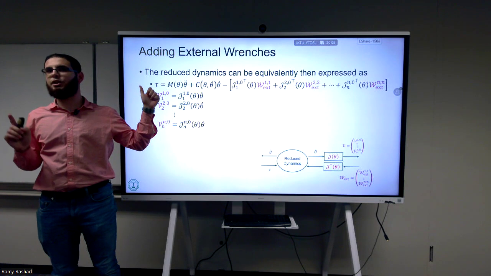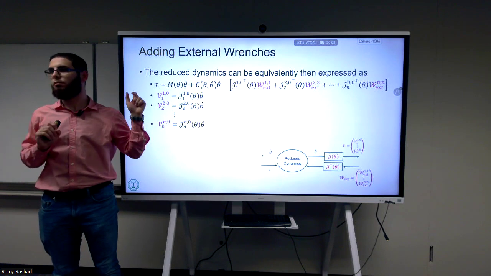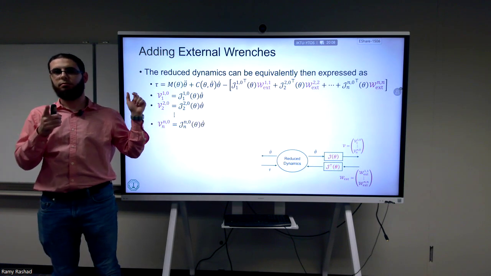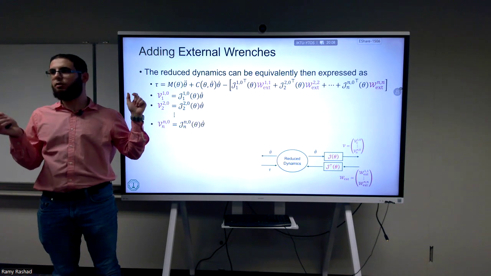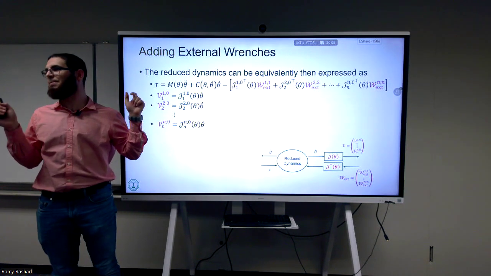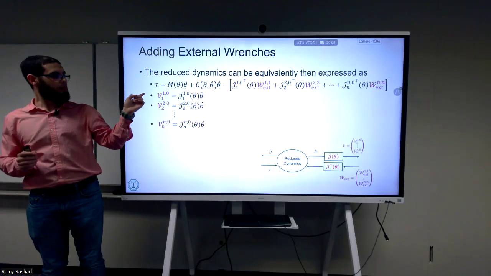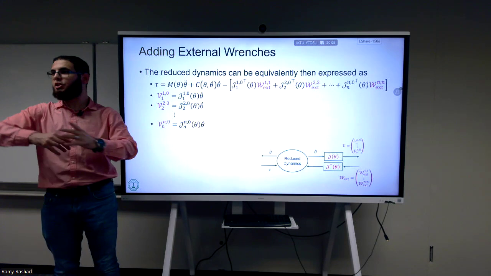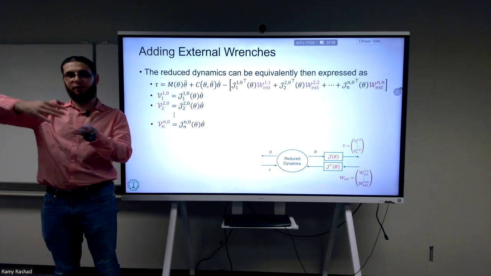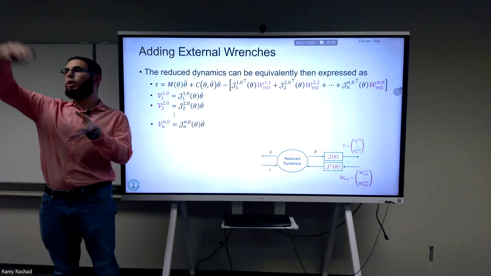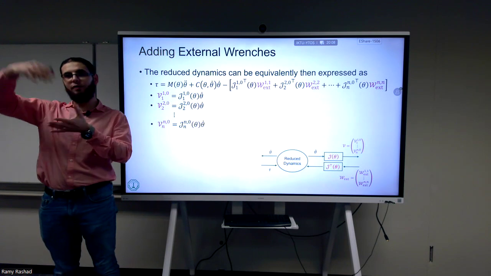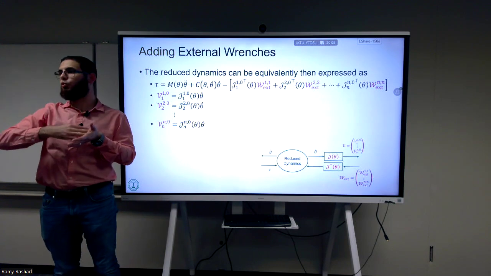Does anyone remember what the Jacobian maps to what? Theta dot. The Jacobian always maps theta dot to a twist, right? So the theta dots change the whole body. When you change all of the theta dots, all of the links will start moving.